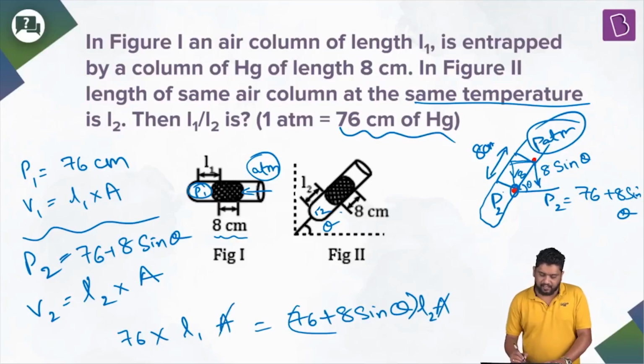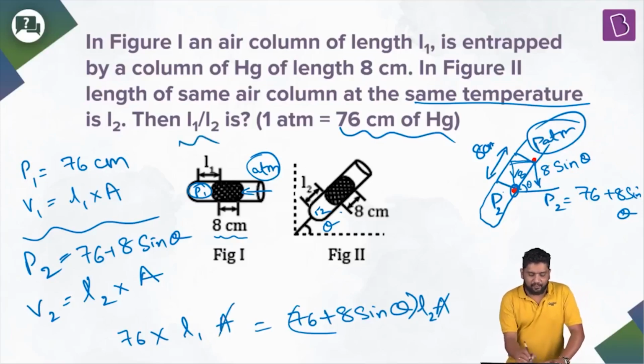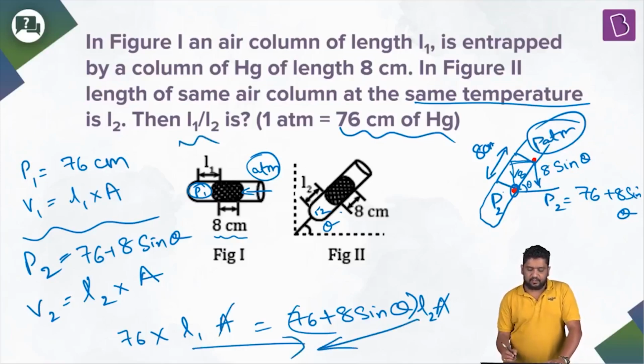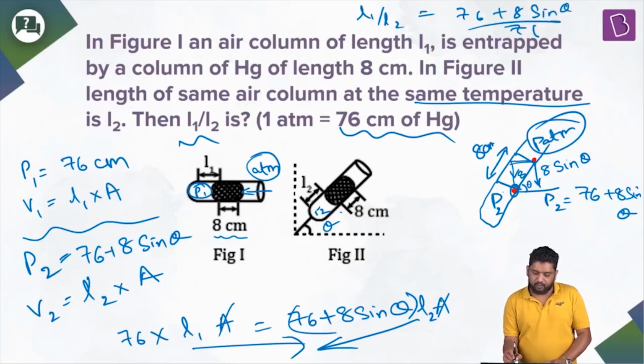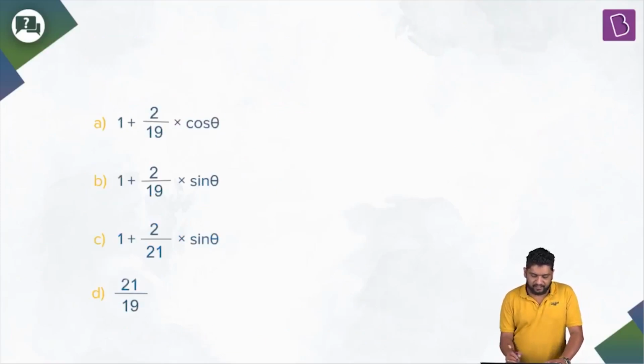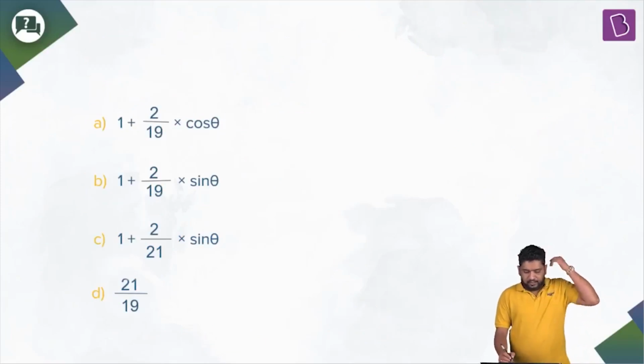A obviously cancels. What we need is L1 by L2. So I'm taking L2 to the other side and 76 to this side. I get L1 by L2 equal to (76 plus 8 sine theta) divided by 76, so 1 plus 8 by 76 sine theta. Let's look at the options. Yes, this is exactly what I'm getting.